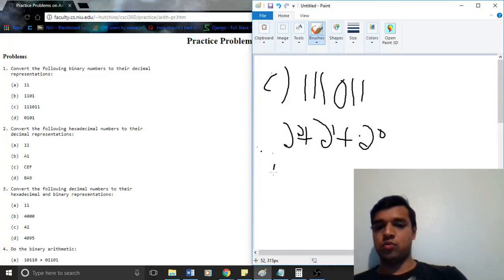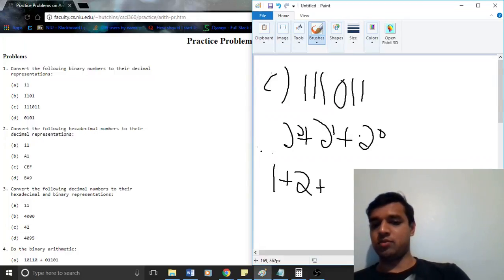So you have 1 plus 2, and then this one's a 0, which would have been a 4. So you skip that one. Or if you want to write it, you can write 0. And then 8 plus 16 plus 32.